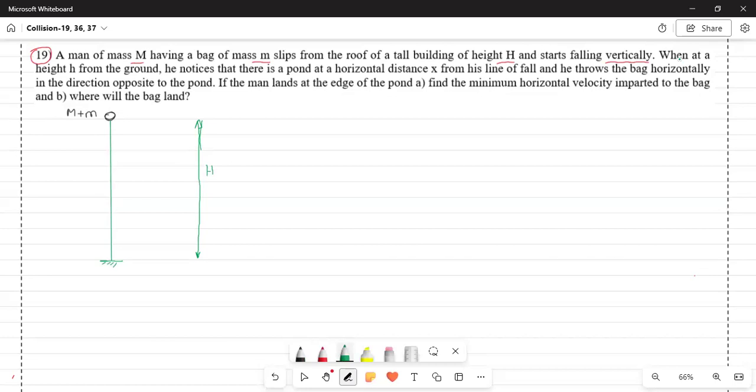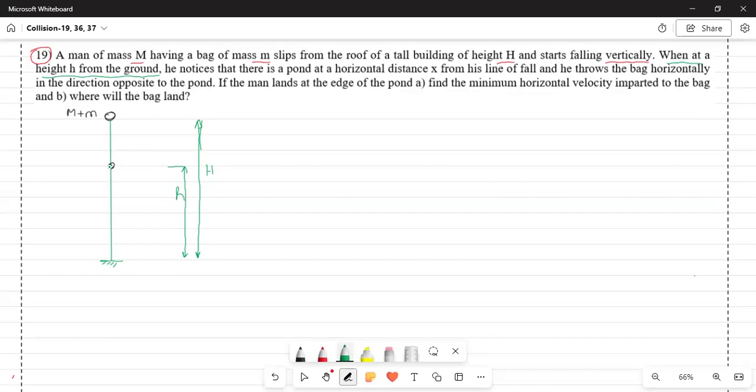Then what happens? Something happened when he was at a height small h from the ground. Say at this point, the height is small h from the ground.